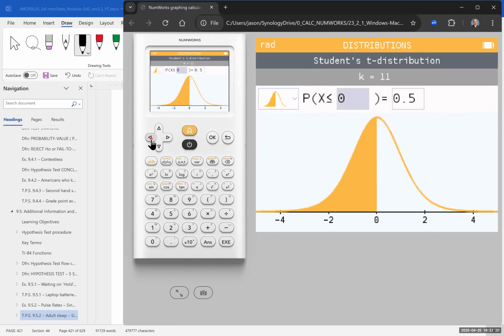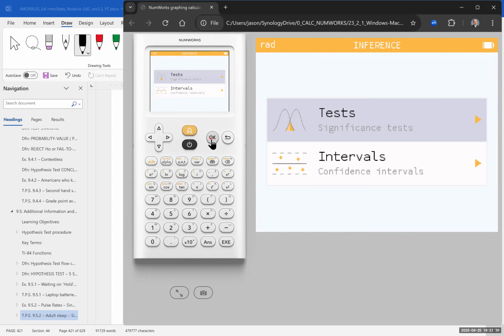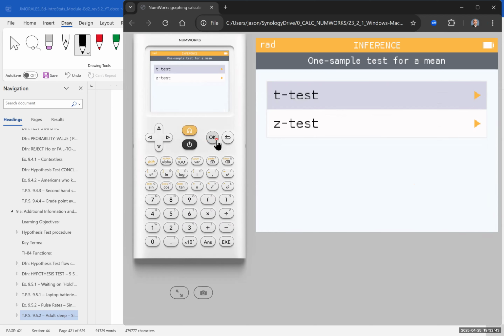And this is left-tailed, so I want the area to the left. Wait a minute, no, I want to do tests. I'm sorry, I've been doing this a little too long today. All right, we want to do a t-test. So we want to go to inference, tests, tests of one mean, t-test.